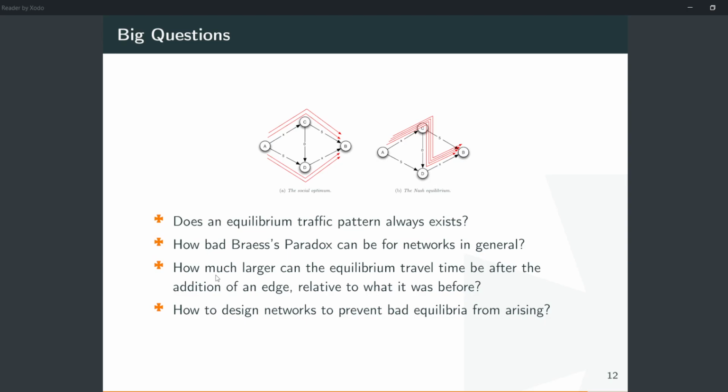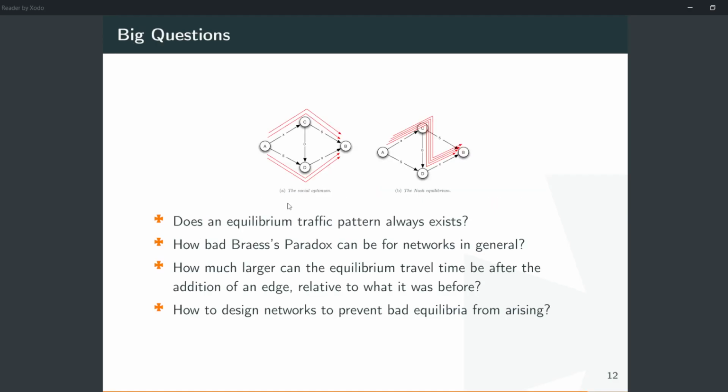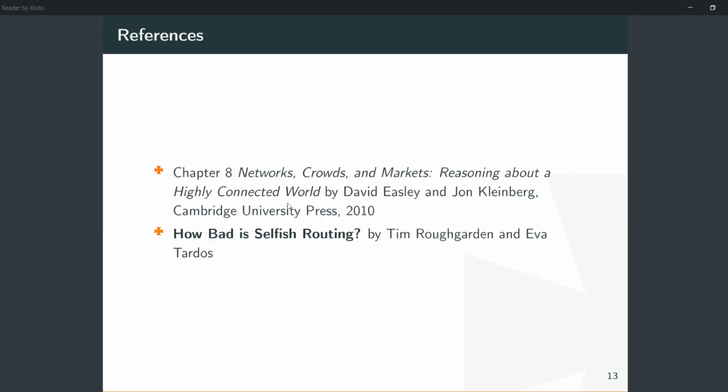Some of these topics go into the depth of potential energy. We calculate potential energies, and with that some of these can be proved. If you are more interested, you can check out chapter 8 of this book. It will also contain answers to some of these big questions and potentially more interesting stuff.